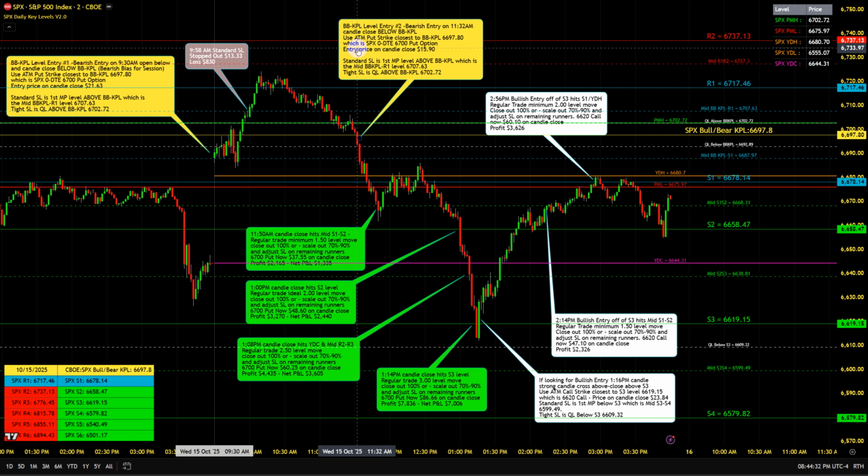So here on the 11:32 a.m. candle, we do get a decisive close below the bull bear KPL. So we have a cross below and a close below on the 11:32 a.m. candle. So here you would use the same strike, because this is the same level that we're trading off of, the BBKPL 6698.0.